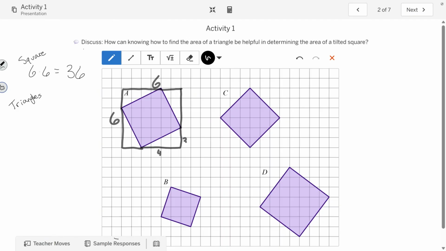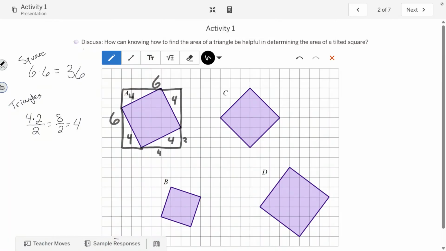So for my triangle, I am going to do base times height divided by 2. That is 8 divided by 2, which is 4. So each of these little triangles is worth 4.